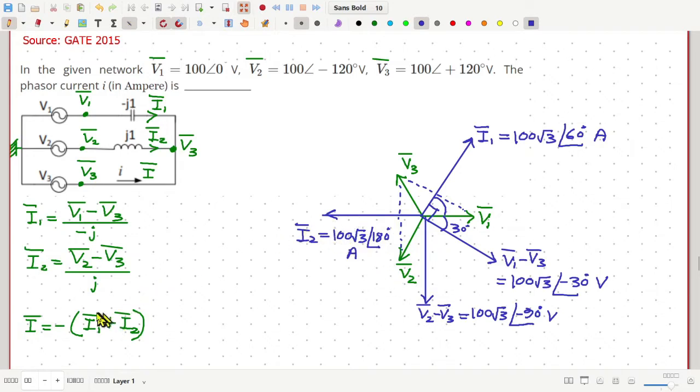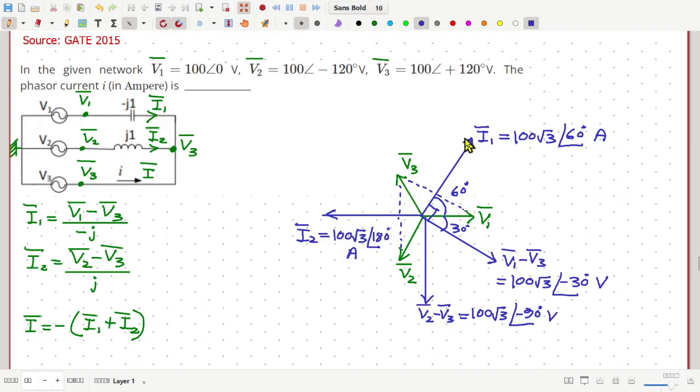Next, we have to add I1 and I2. You see, I1 and I2 have the same magnitude. I1 is at an angle of 60 degrees and I2 is at an angle of 180 degrees.